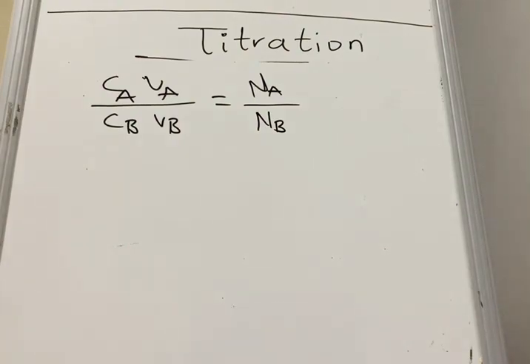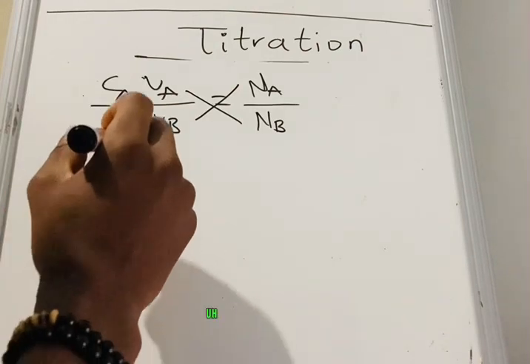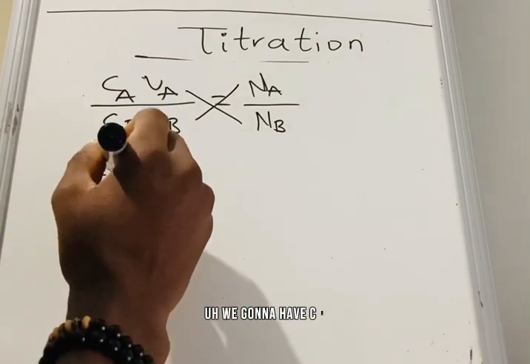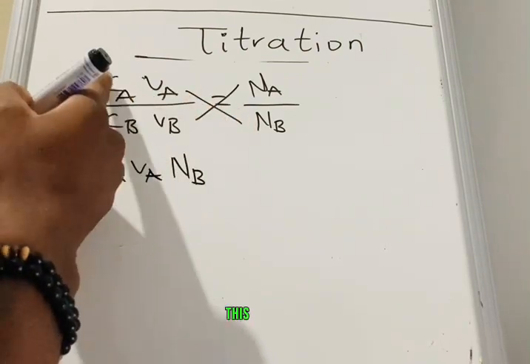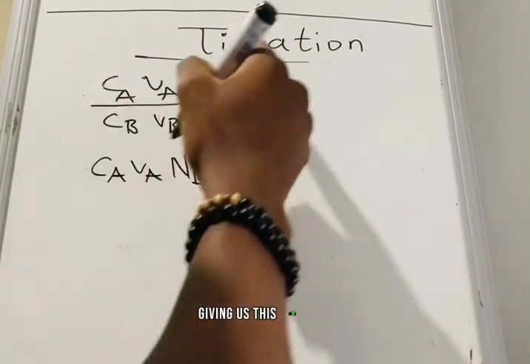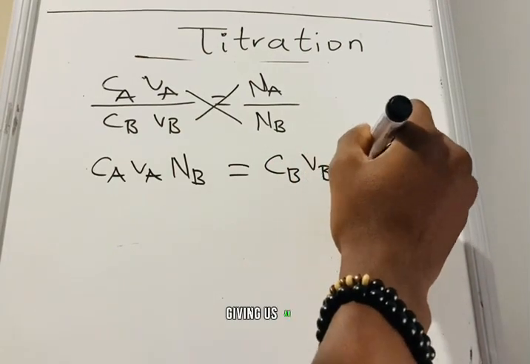In this case, we're going to cross multiply. In cross multiplying, we're going to have CA VA times NB, this times this, giving us CB VB times NA.